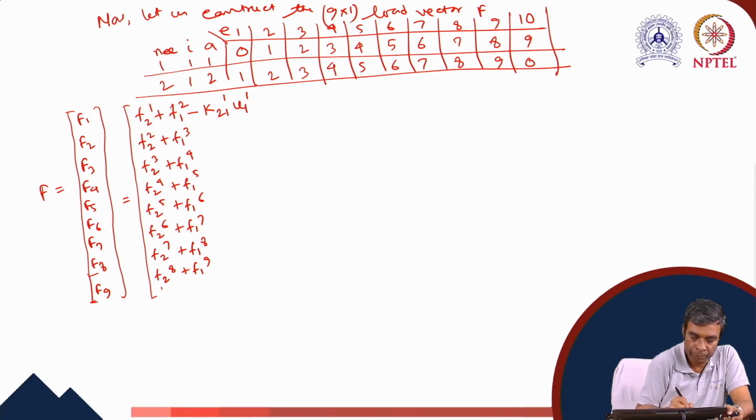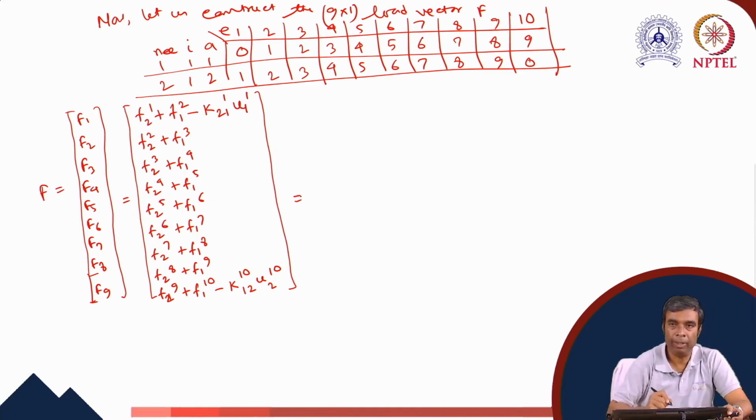And finally we have F2 9 plus F1 10 minus K 1 2 10 U2 10.